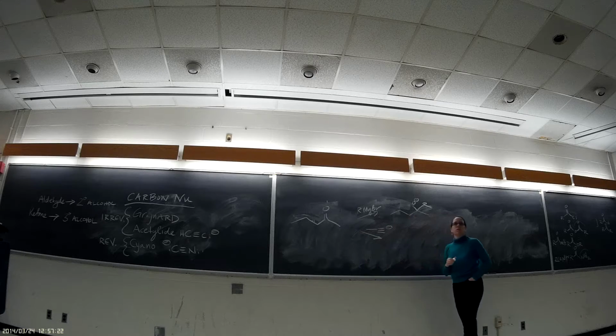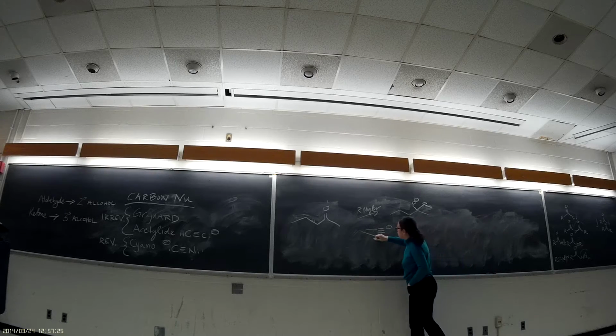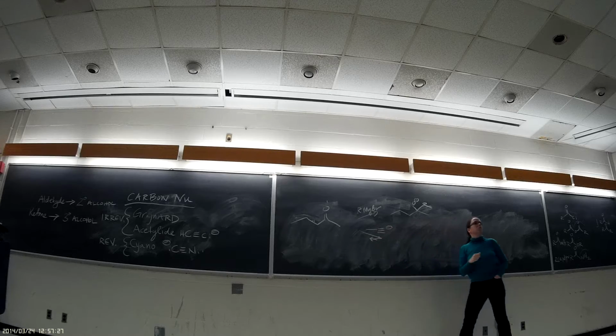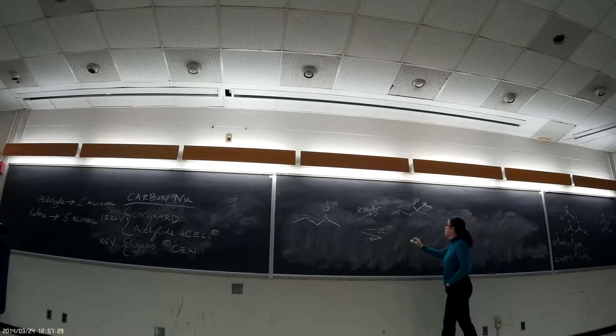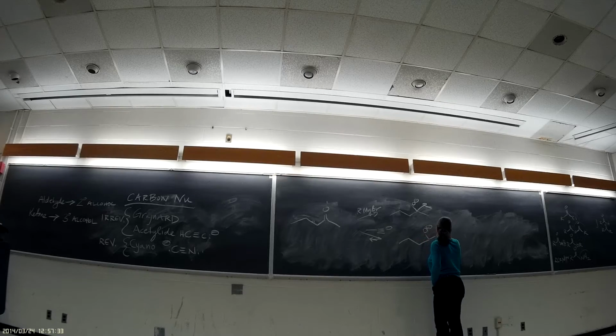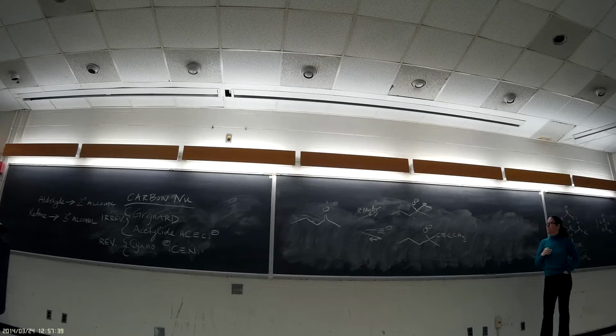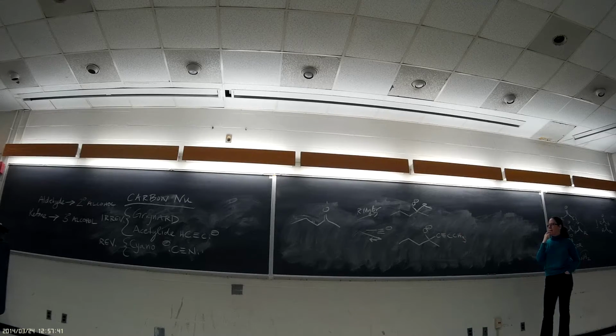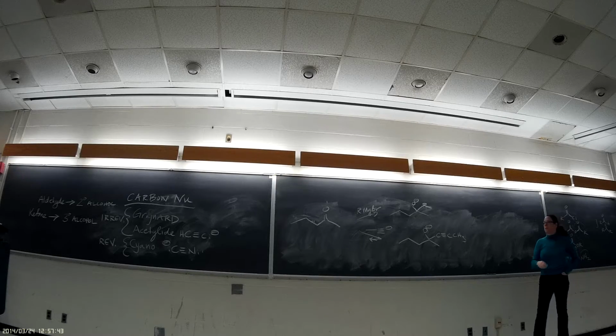If I used my acetylide here, okay, I would use a small amount of reversibility associated with this, okay? So my end product would look like this. And there's a small amount of reversibility.